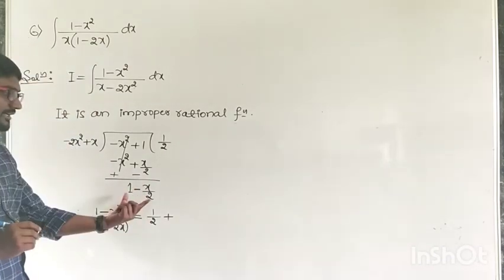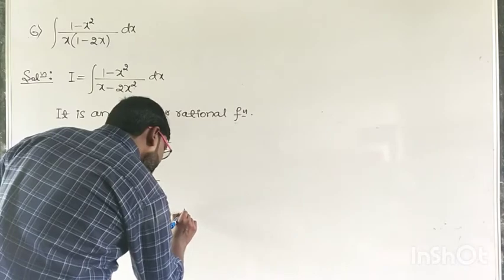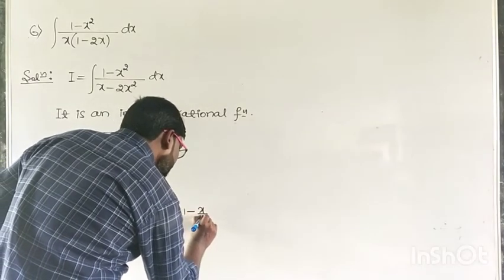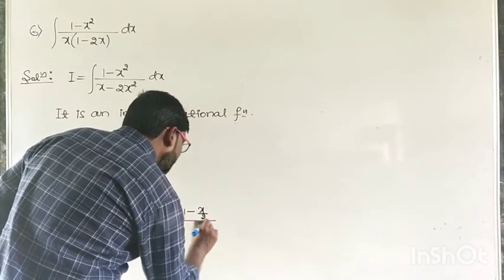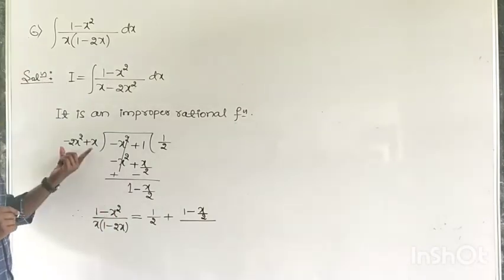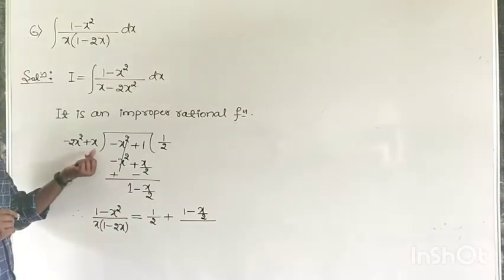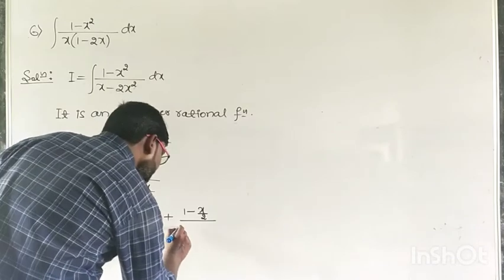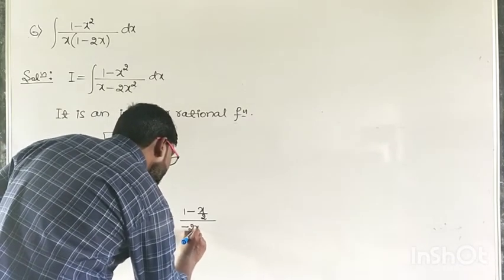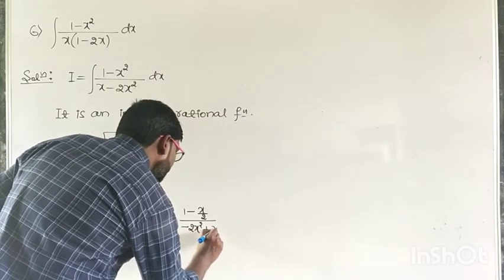What is the remainder now? It is 1 minus x by 2, then whole divided by the divisor. It is minus 2x square plus x.